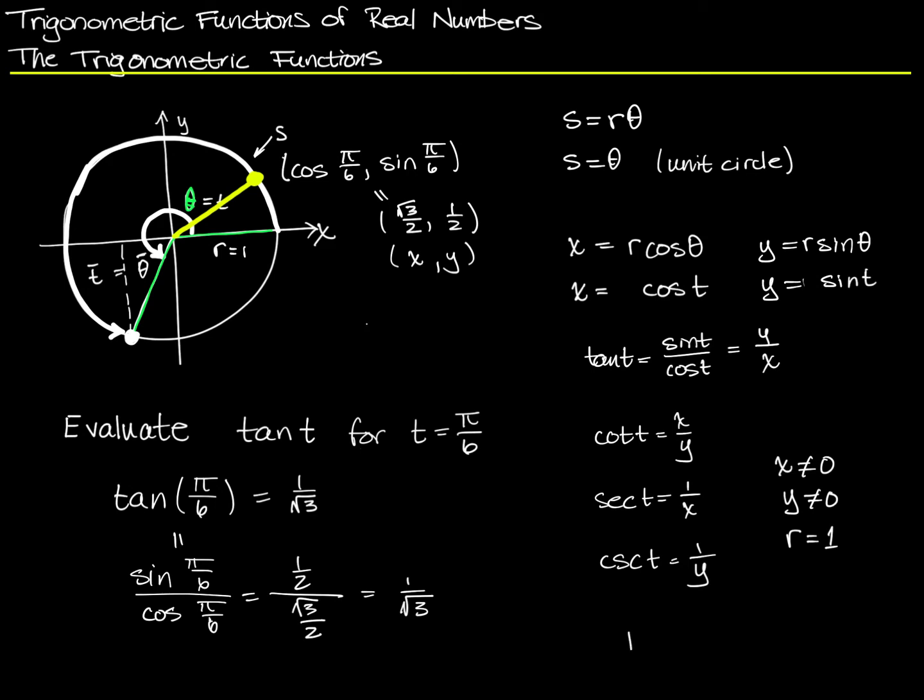The other thing that your textbook mentions at this point is domain. The domains of the 6 different functions are, well, sine and cosine are all real numbers. And then it tells us that tangent and secant have domains that are all real numbers except for pi over 2. You can't plug pi over 2 in for tangent or secant.